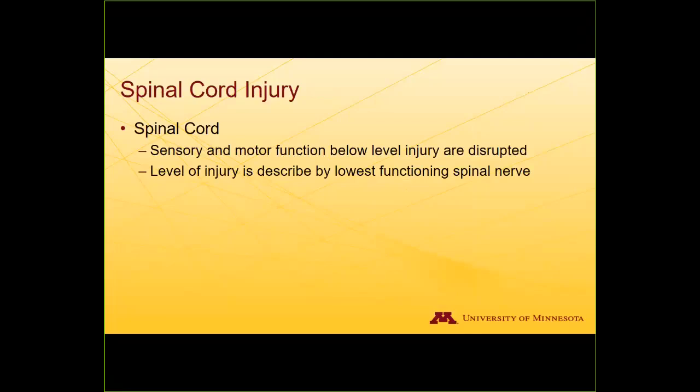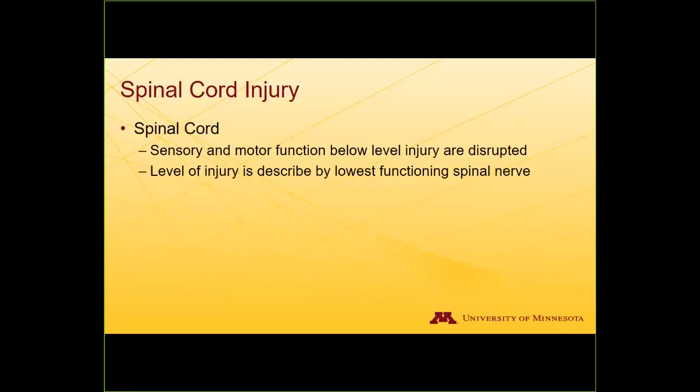Okay, so for example, if the injury has affected the spinal cord in a way that the C6 nerve root still functions and it still sends its motor information and receives sensory information, then it's a C6 quadriplegia. That means that basically the spinal cord injury was at like the C7 level or lower. Okay, the convention that we use is to name it according to the lowest level of function that they have, or I guess you might also think of it as being the highest level of function.